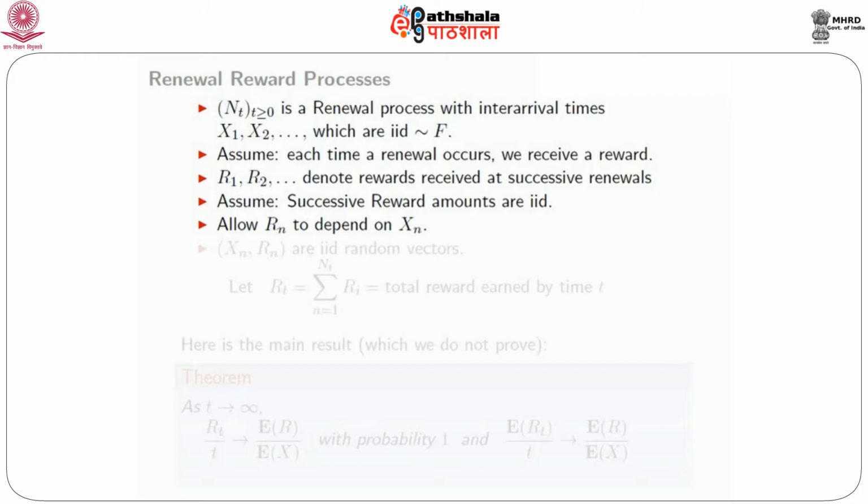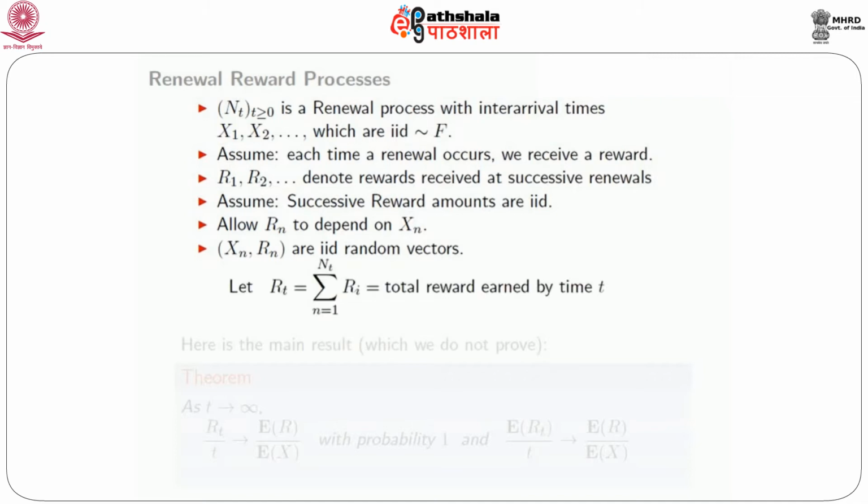So essentially what we are saying is that if you look at the pairs (R1, X1), (R2, X2), (R3, X3), etc., they are IID, and that of course would mean that the marginals R1, R2, etc. would be IID. The marginals X1, X2, etc. are already IID, but we allow dependence between R_n and X_n. So essentially, the pairs (X_n, R_n) are IID random vectors or random pairs.